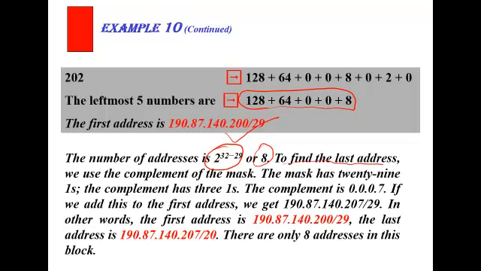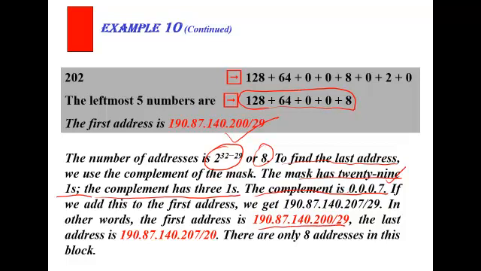Now to find out the last address, it's very simple. We can use the complement method of the mask. Then 29 ones are there. If we complement it, it becomes 0 and 3 ones are there. So it will become 7, because 3 ones become 7 in decimal. Now add this 0.0.0.7 to your first address.